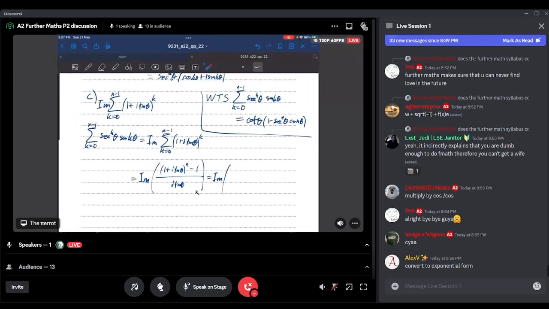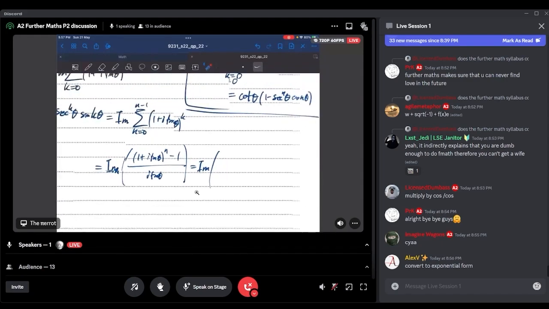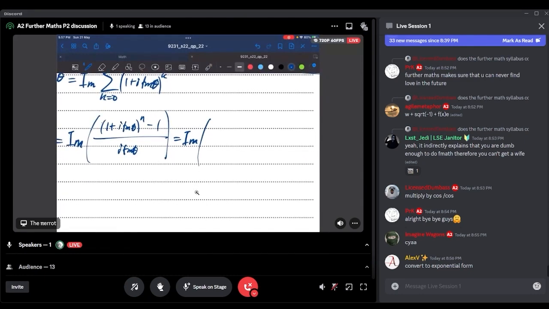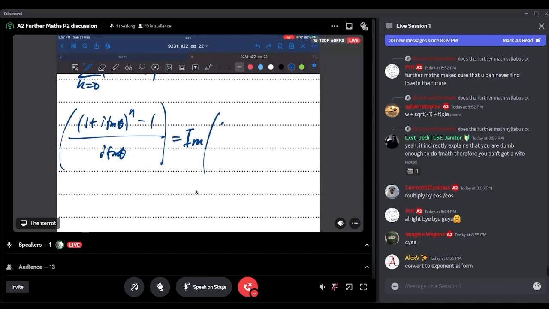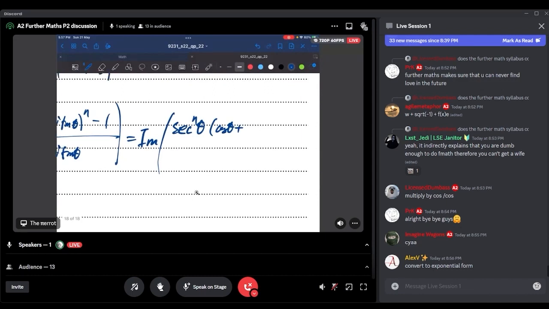Yeah, okay, should be fine. No need to convert to exponential form. So we have secant power n theta and the cosine theta plus i sine theta power n minus 1 all over i tangent theta, just like this.